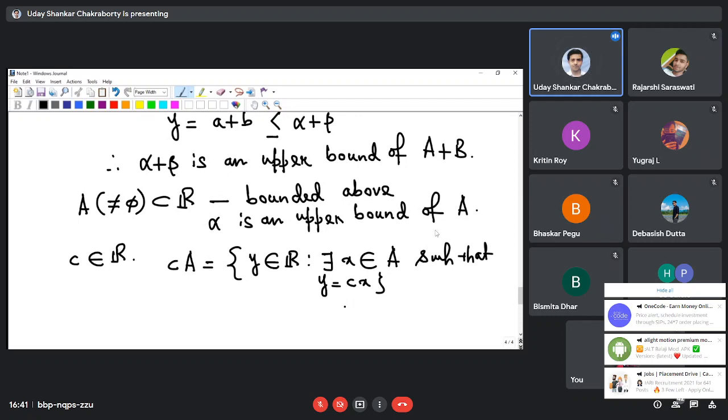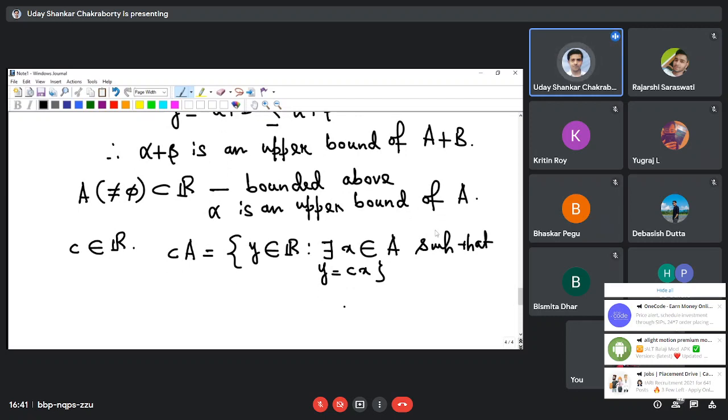Now, can anybody tell me? Okay, let me ask. Rajashri, is this set bounded above? Yes, sir. Is this set bounded above? Not confident.